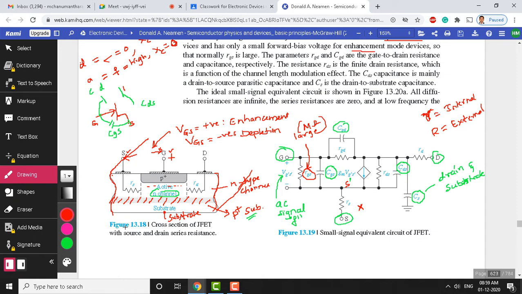Let me write it here, because now I can't go into the explanation of the PN junction capacitance, but just for information, there are two types of capacitance that you come across in the PN junction. Every PN junction is a capacitance, of course. It depends on whether it is forward bias or reverse bias what kind of capacitance it exhibits.